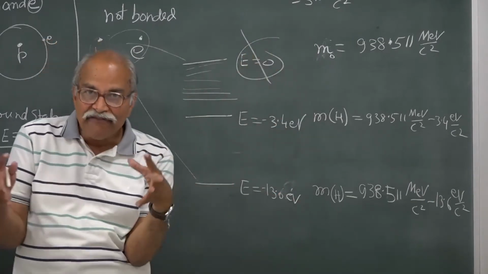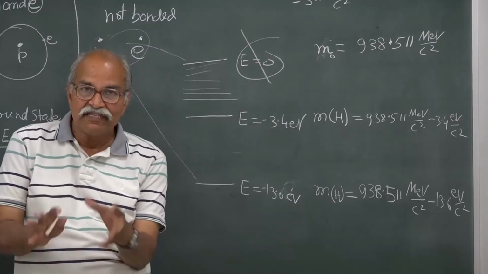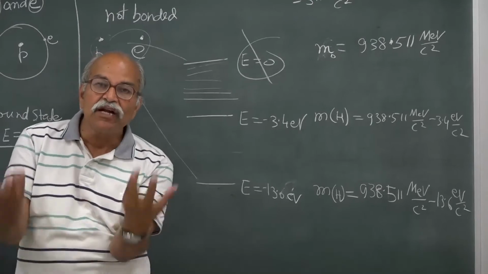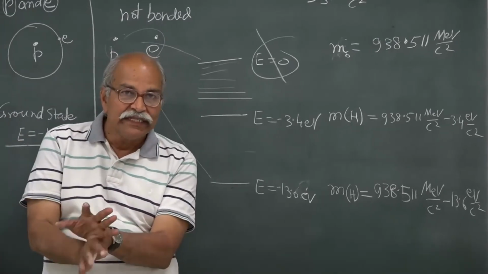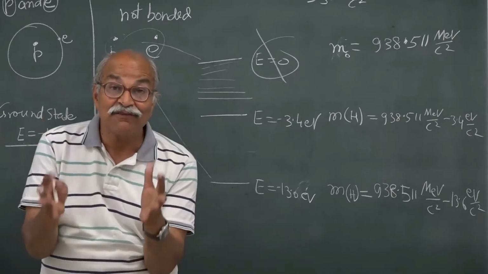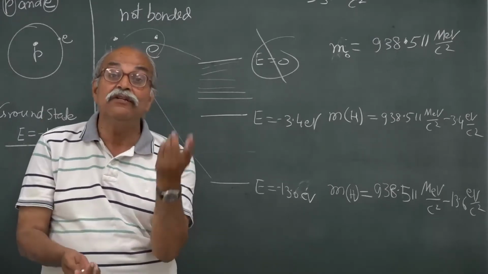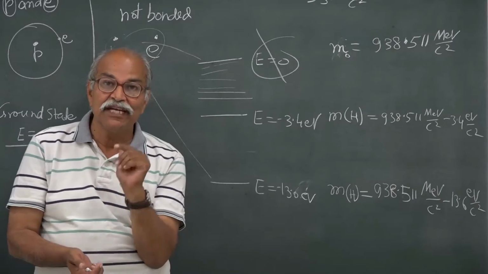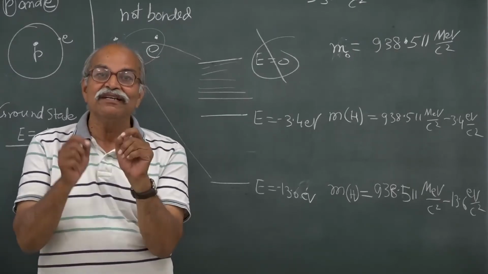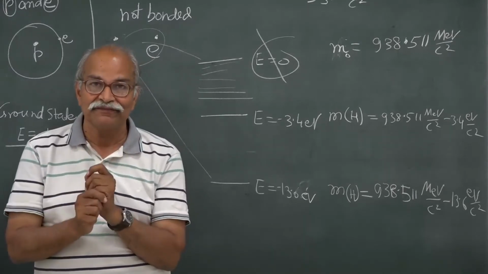So, if you have a composite particle made of subparts, and these subparts can move internally and interact with each other, then the rest mass of that composite particle will not be equal to the sum of rest masses of the constituent particles.